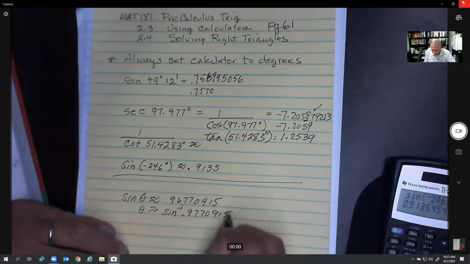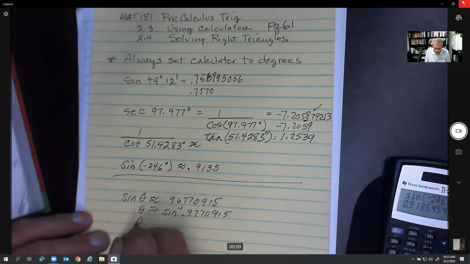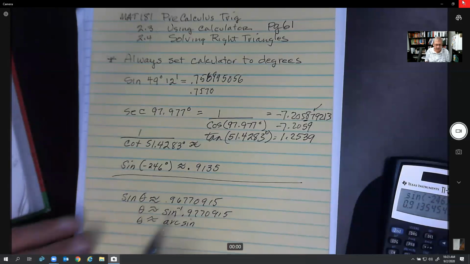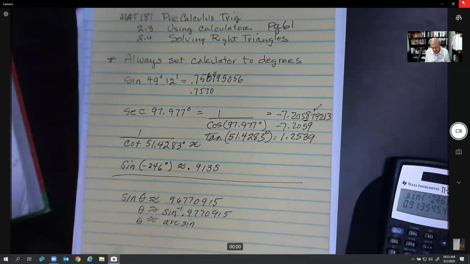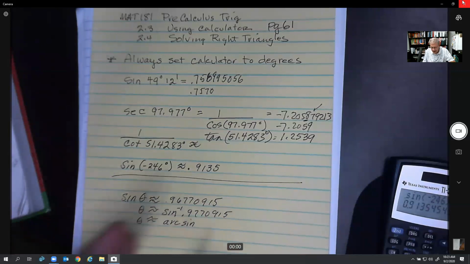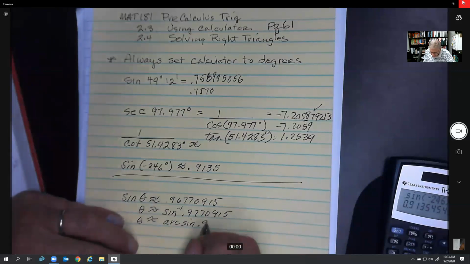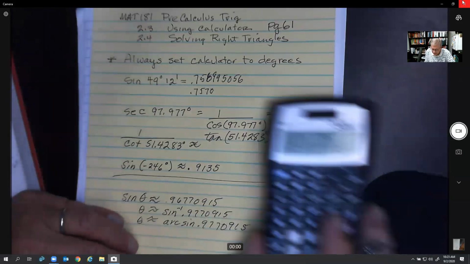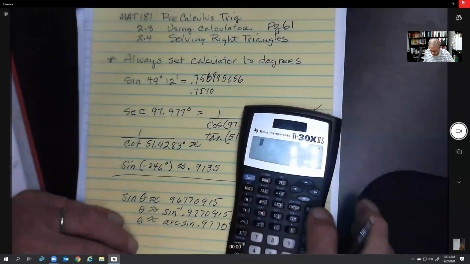0.9770915. Back in the dark ages when I went to school, we called that arc sine. I still sometimes like to use that, and I don't get confused with this negative exponent. This is the arc sine. Sine on this side would give me the angle. So how do I do that on my calculator?